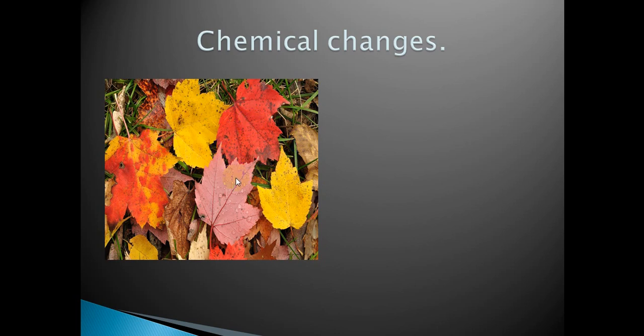How? A leaf is still a leaf. No, because when this leaf drops off the tree and gets down on the floor, decomposers, if you remember, eat them and they move to the soil, so they form a new kind of matter. So it's a chemical change.